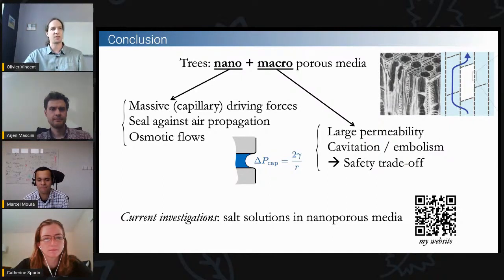They act as a seal against air propagation, and they also enable osmotic flows to develop in the system. And the macro part of the system in a tree enables large permeabilities so that there are large flows, and actually flows in trees can reach centimeters per second in the summer in large trees. But they also lead to cavitation and embolism, so there's a drawback and a safety trade-off that I didn't talk much about, but trees have ways to protect themselves against cavitation.